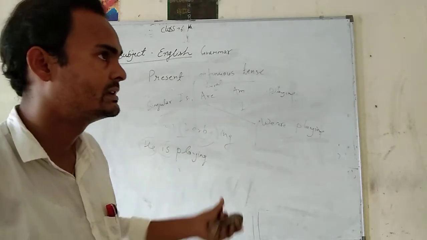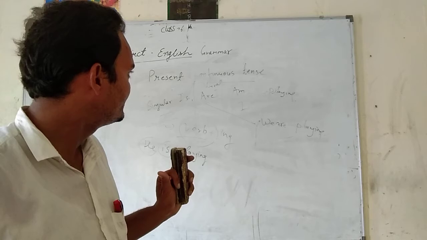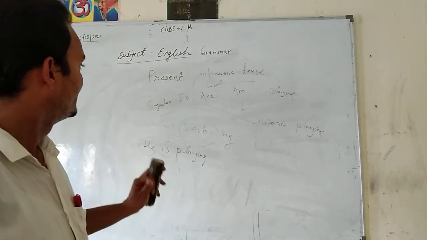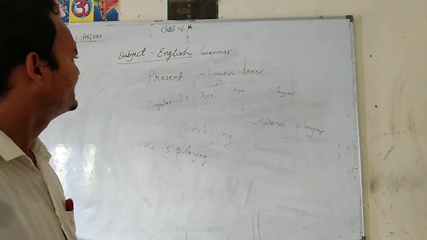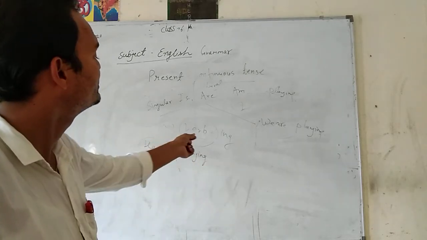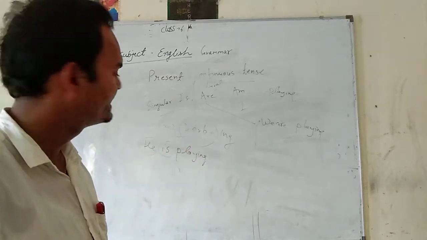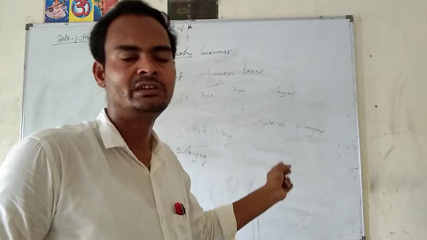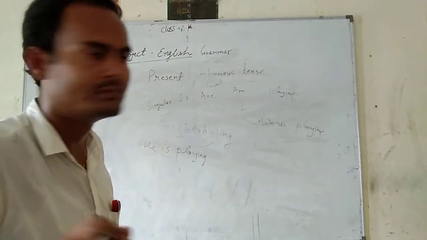So in all sentences the helping verb has to be used, and this is the simple formula: is, are, am are the helping verbs of present continuous tense, and we have to add ing to the verb. So 10 to 20 sentences of this continuous tense also have to be written as homework.